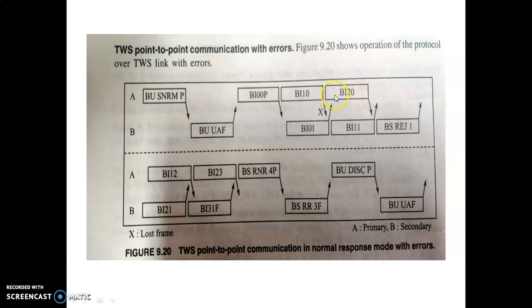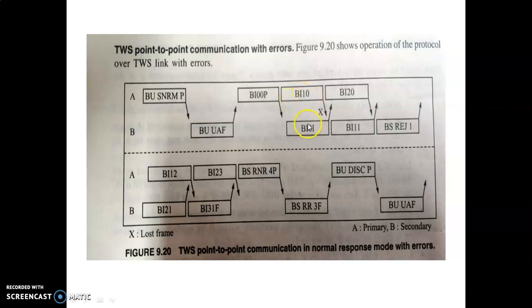If this frame was supposed to start from here, then this would have been I1. Since this frame is starting just before completely receiving this frame, it is still 0. That's all understood, why these last bits are 0 over here. So from these three frames, this frame was not received properly by B.